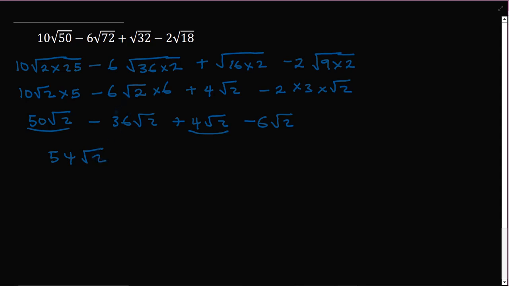Then let me take this one now, this and this: minus 36 minus 6, that gives us negative 42, negative 42√2, right? So let's go ahead and subtract. Then 54 minus 42 gives us 12. So this gives us 12√2.